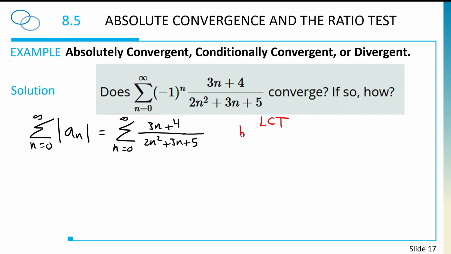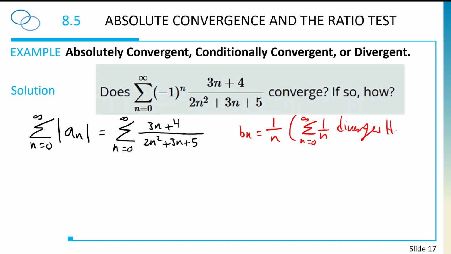What do I need to compare with? What should b_k be in this case? If I use the limit comparison test, b_k should be 1 over n. What do we know about sigma 1 over n from n equals 0 to infinity? We know that this is divergent, the harmonic series.